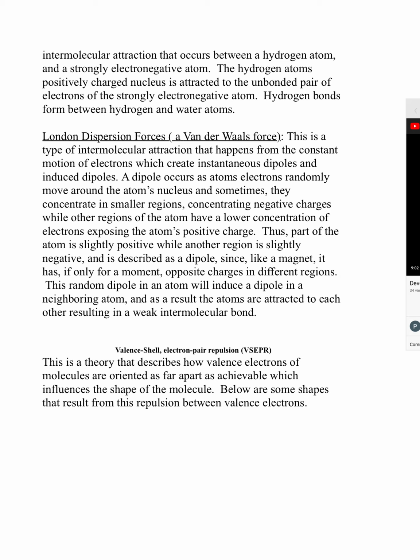In other words, because of the random movement of electrons, neighboring atoms will be attracted to each other, if just momentarily, and that helps hold them in place. And so that's the other intermolecular force that we were talking about.